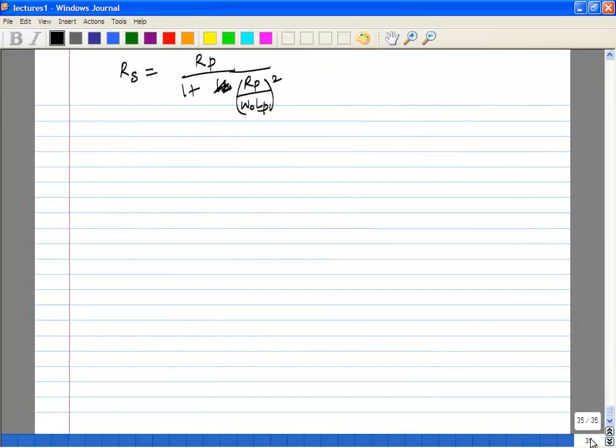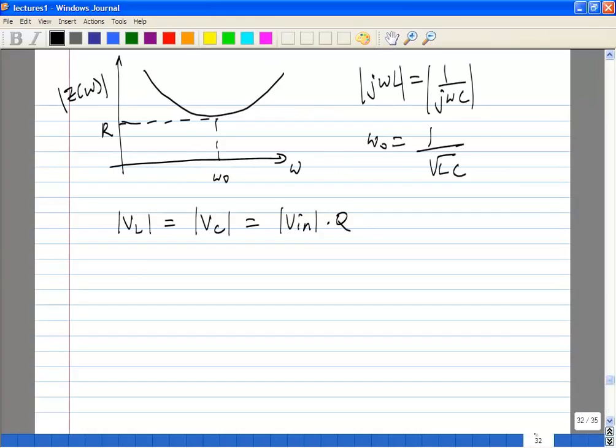But okay, so let's just remember that Q for omega naught L by Rs is also equal to, okay. For a parallel network, it is RP over omega naught LP, R over omega naught L, or 1 over omega naught CR.